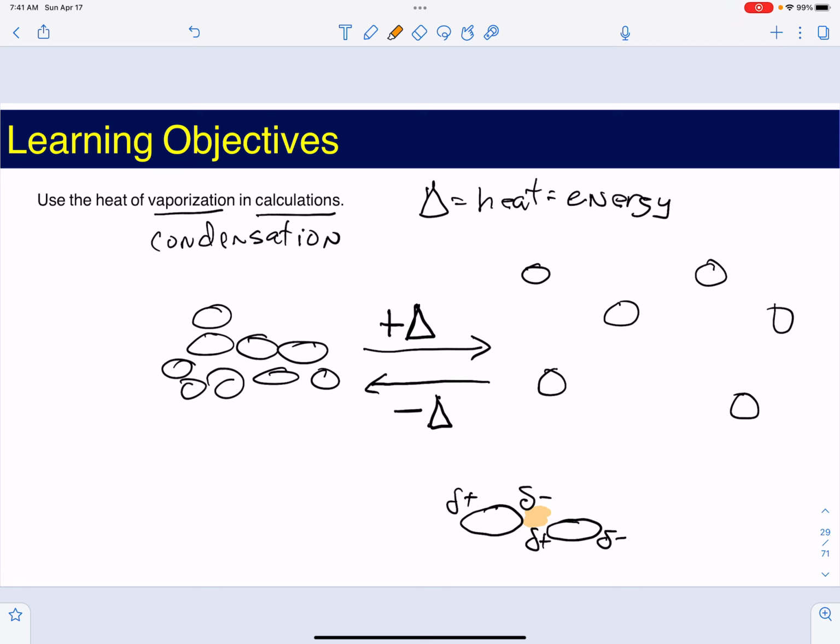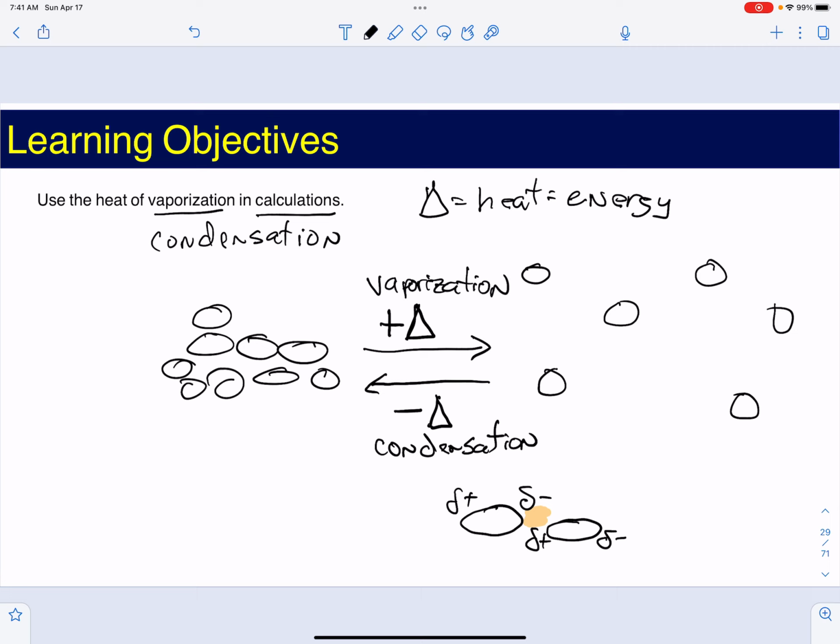And we call that condensation. So we're going to call this process going from left to right vaporization, and from right to left, which is the opposite, we call it condensation. Similar thing with freezing and melting, but we're going to talk about that in the next lecture.